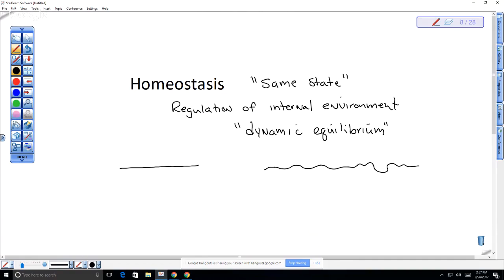So what is the mechanism? Does anybody know what is the mechanism by which we regulate our internal environment? It's a feedback. What type of feedback? Negative or positive feedback? Negative. Okay. So we have what is called a negative feedback mechanism.